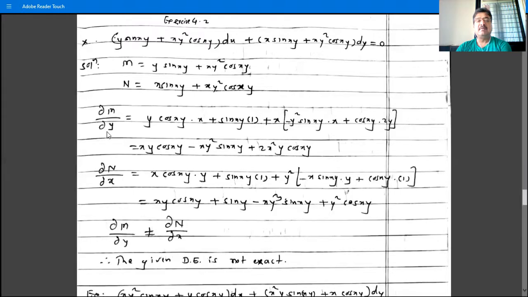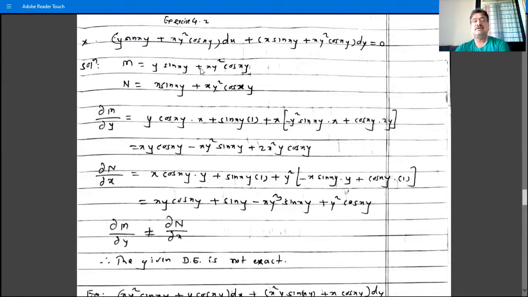And then ∂M/∂y, that is the derivative with respect to y. So y into sin(xy), the derivative is by the u into v rule. So y means u, and the derivative of sin(xy) is cos(xy) into the derivative of xy with respect to y, which is x. The derivative of xy with respect to y is x, plus v, sin(xy), the derivative of y is 1 with respect to y.